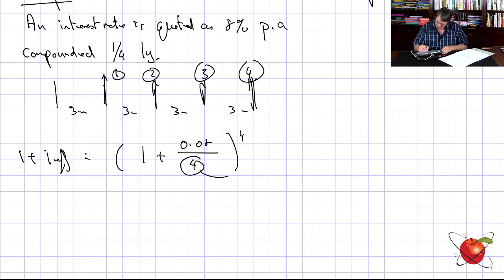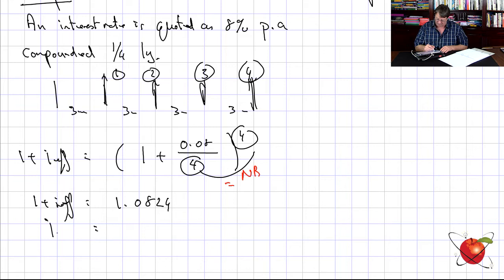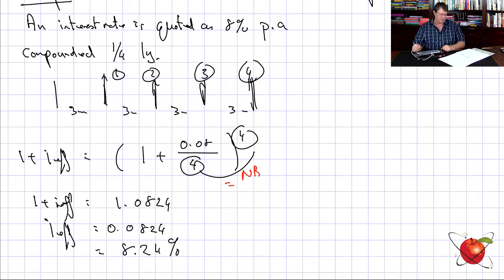Now here, guys, that must always be equal. So 1 plus i effective is going to be equal to 1.0824. Therefore, i effective is 0.0824, which is 8.24%. That's what it's going to be.